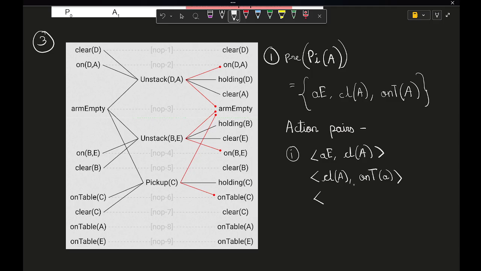Wait, the next one would be on table A and arm empty, right? Correct.